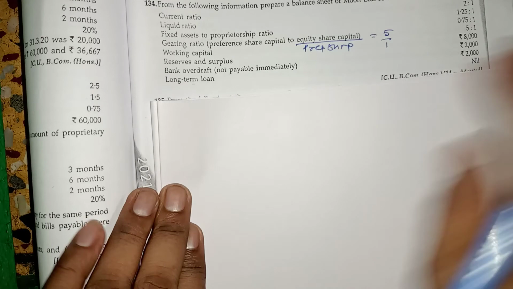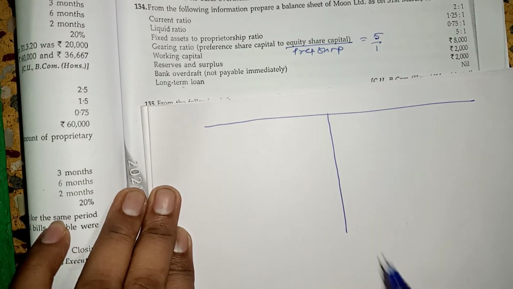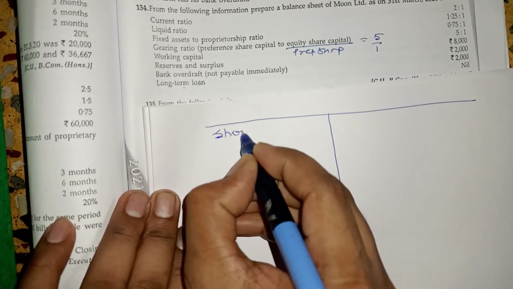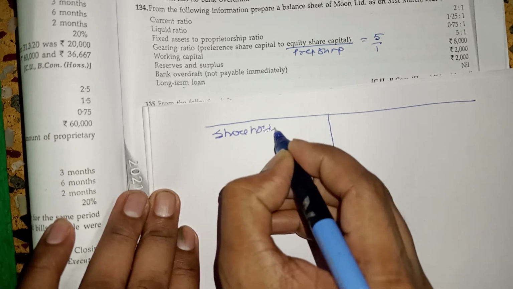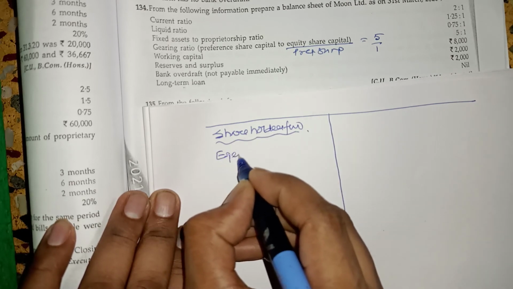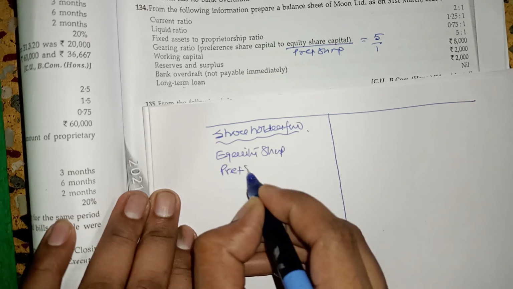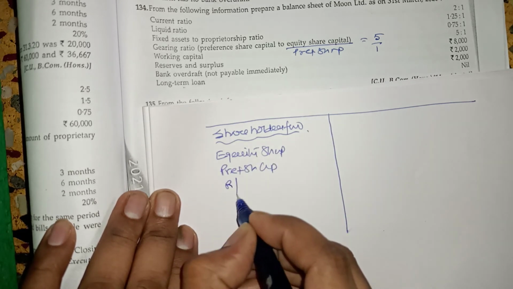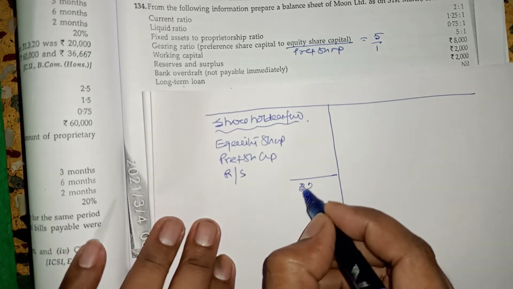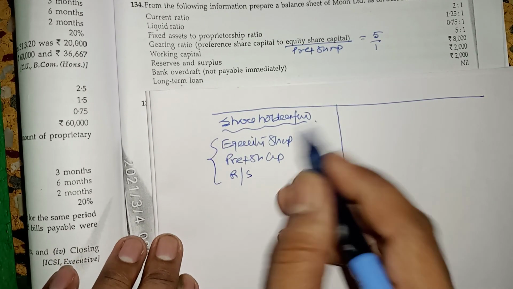So you have to prepare a balance sheet. Now let's prepare a balance sheet. Here you have to write shareholder fund. In shareholder fund you have to write equity share capital, preference share capital and reserve and surplus. All together it should be 40,000, as we know that shareholder fund is 40,000.